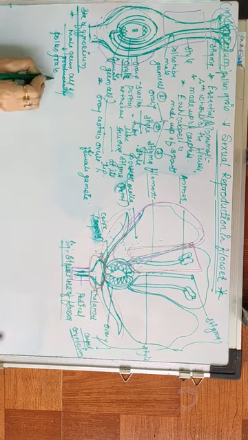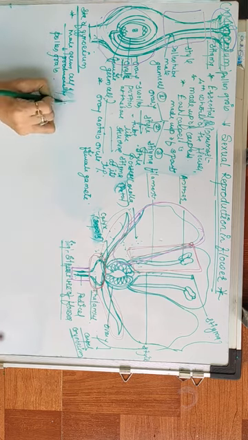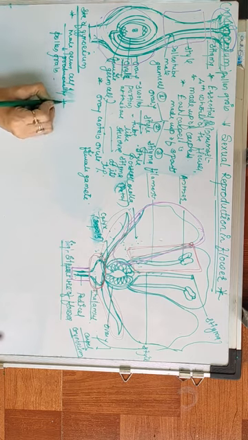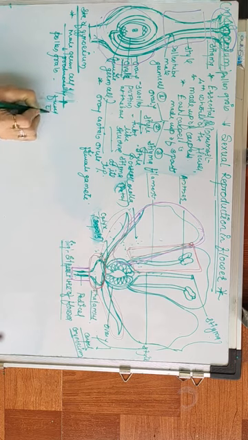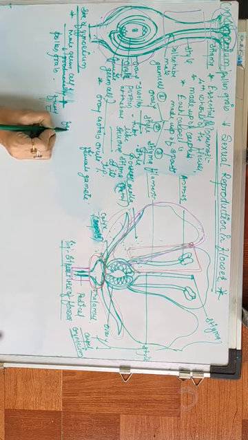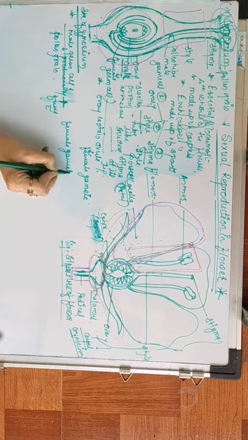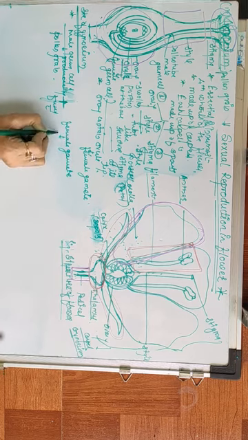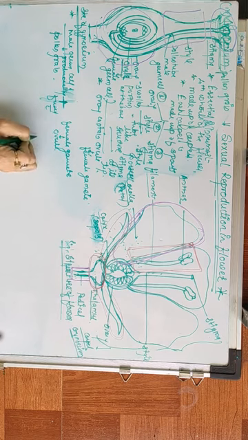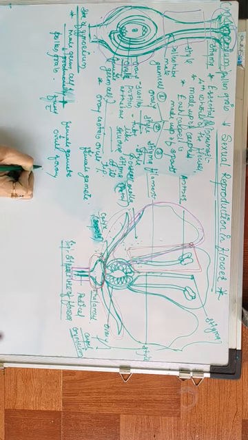Pollen grain. The male gametes produced by the pollen grain fuse with the female gamete. And where is the female gamete present? It is present in the ovule of the ovary.